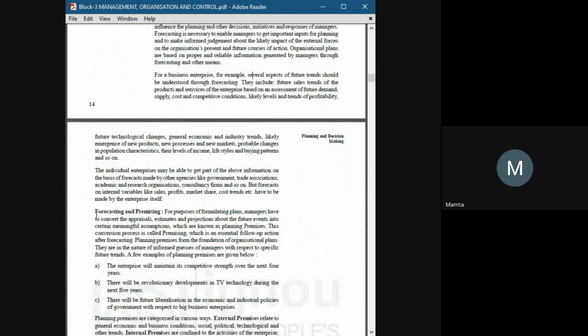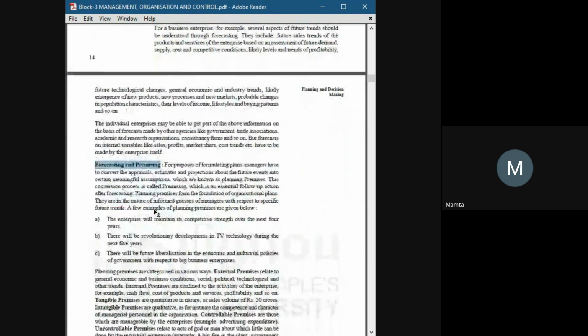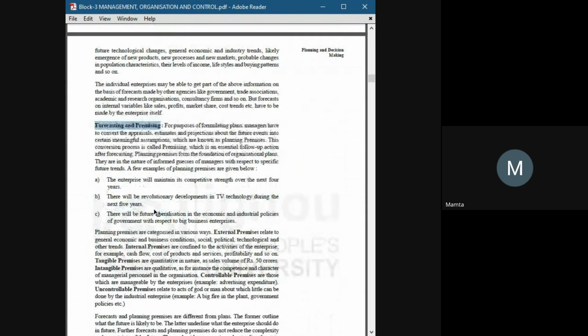Now forecasting and premising. For the purpose of formulating plans, managers have to convert the appraisals, estimates, and projections about future events into certain meaningful assumptions, which are known as planning premises.